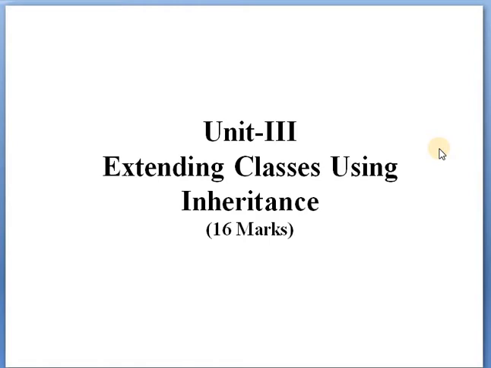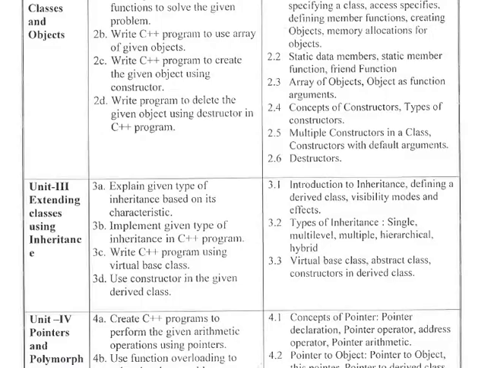Before starting this session, we will see the outcomes of this unit. After completion of this unit you will be able to explain a given type of inheritance based on its characteristics.